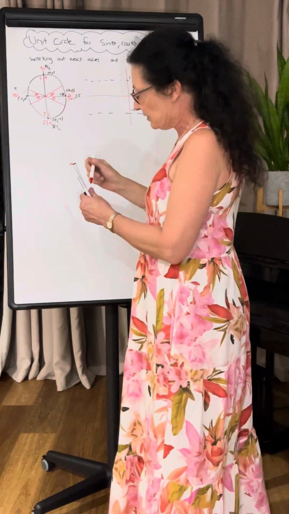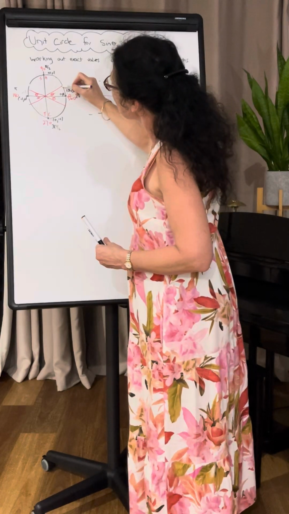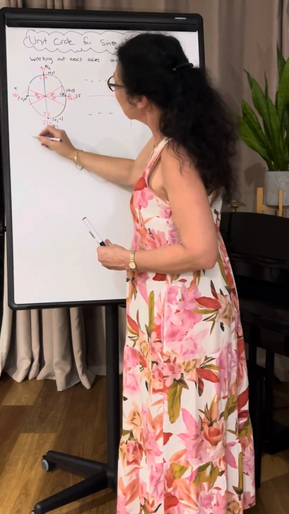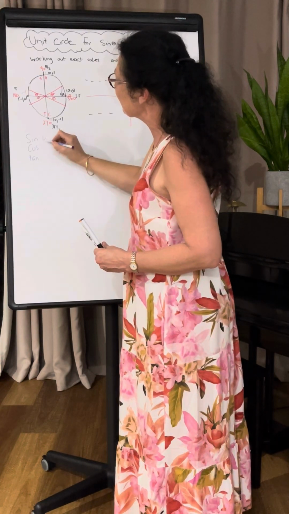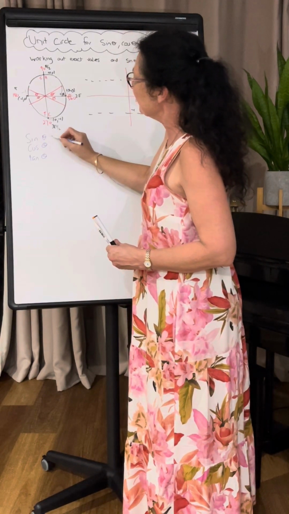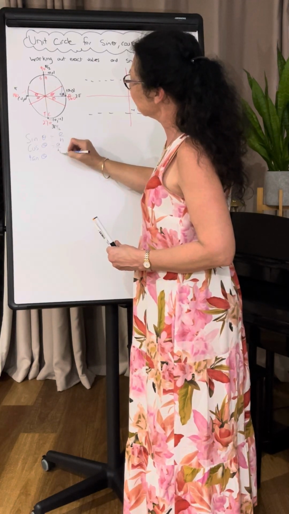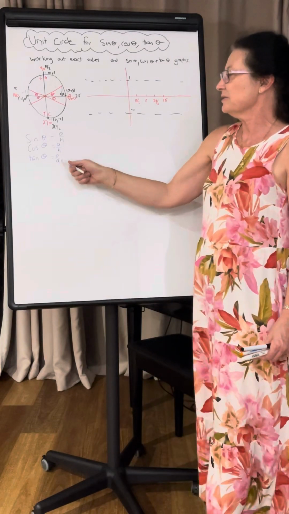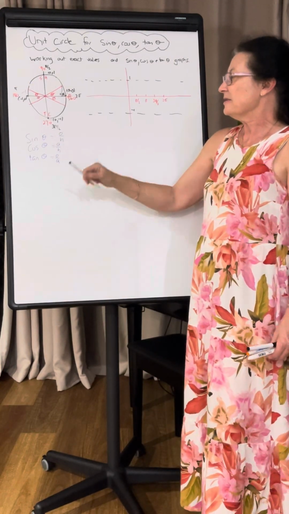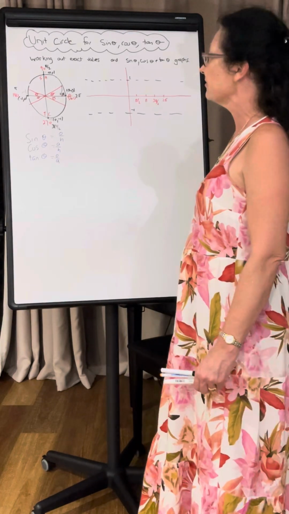So this all comes down to our sine, cos, and tan ratios. Now this you learnt in grade 8. SOH CAH TOA. Sine is opposite over hypotenuse, cos is adjacent over hypotenuse, and tan is opposite over adjacent.